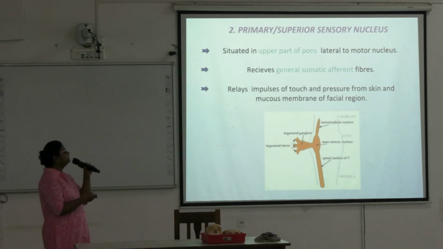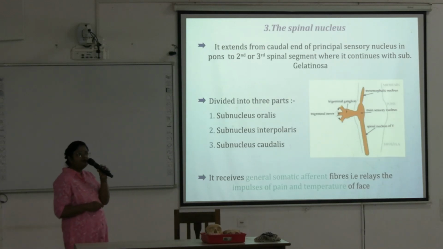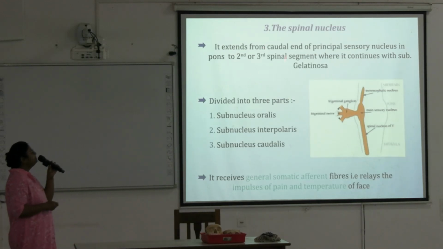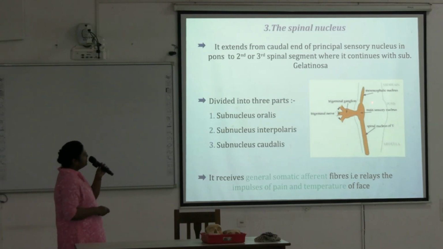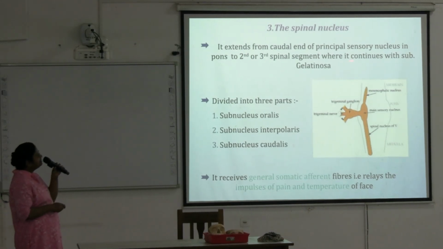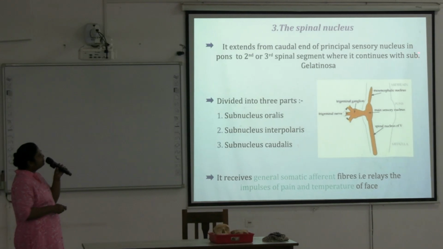Next is the spinal nucleus. Spinal nucleus of trigeminal nerve. It extends from the caudal end of principal sensory nucleus. This is the principal sensory nucleus. From its caudal end, it is starting spinal nucleus of trigeminal nerve. Caudal end of principal sensory nucleus in the pons to the second and third spinal segment, where it continues with the substantia gelatinosa.